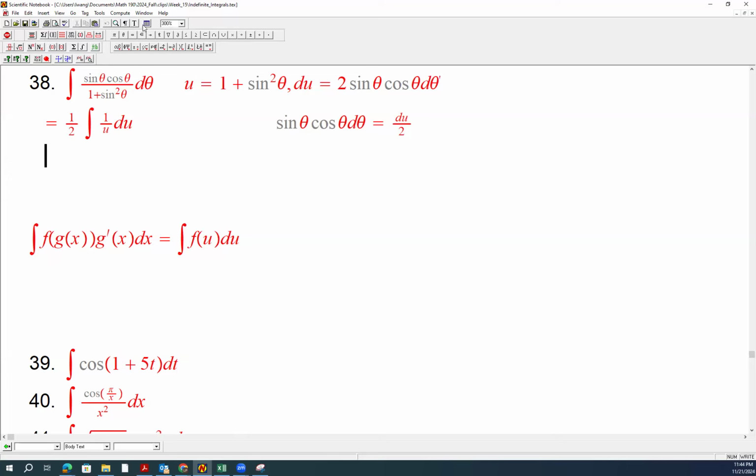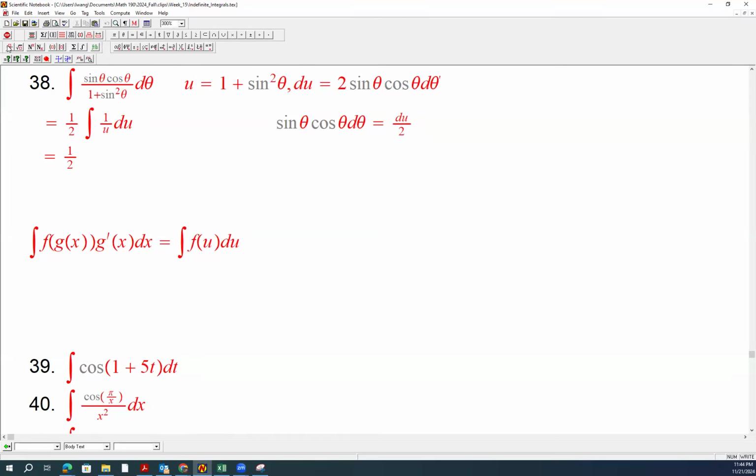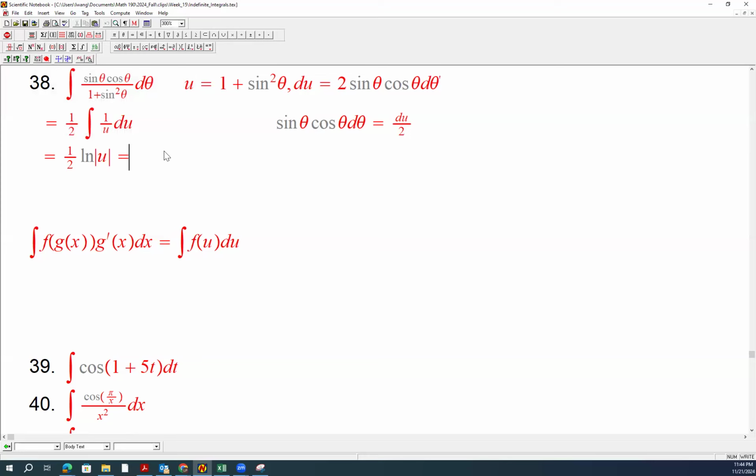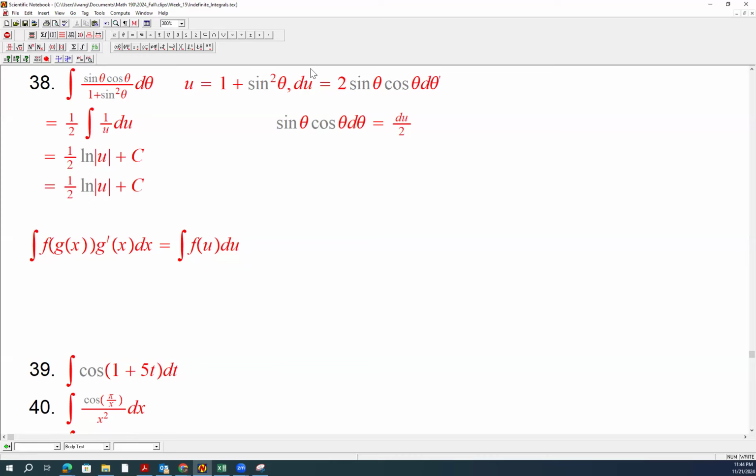Okay, almost there. We got 1/2 ln absolute value of u plus a constant. And last, substitute, replace u. And wait a second.